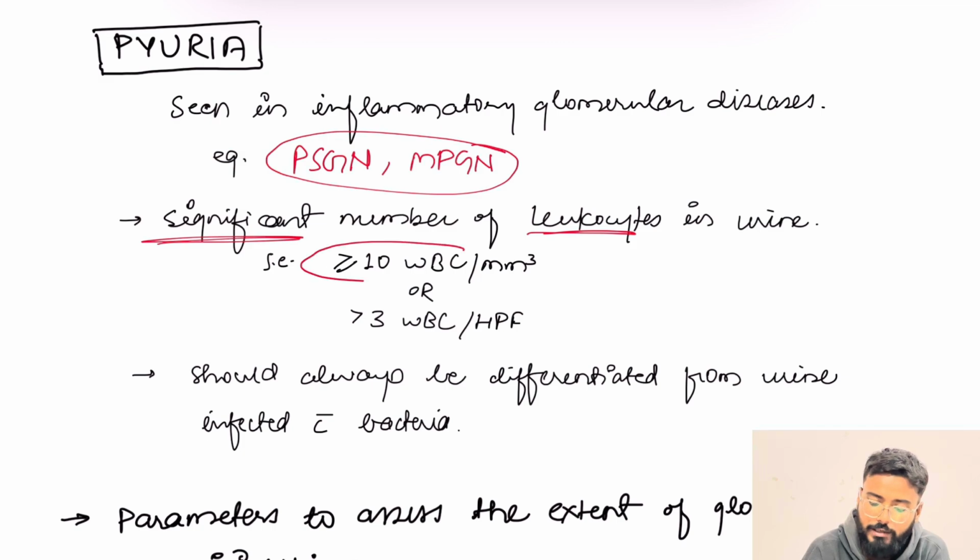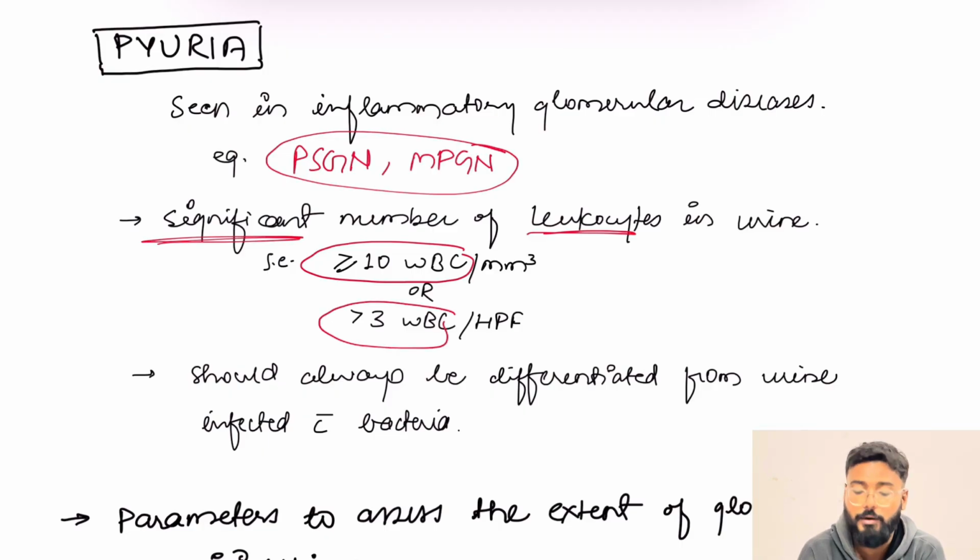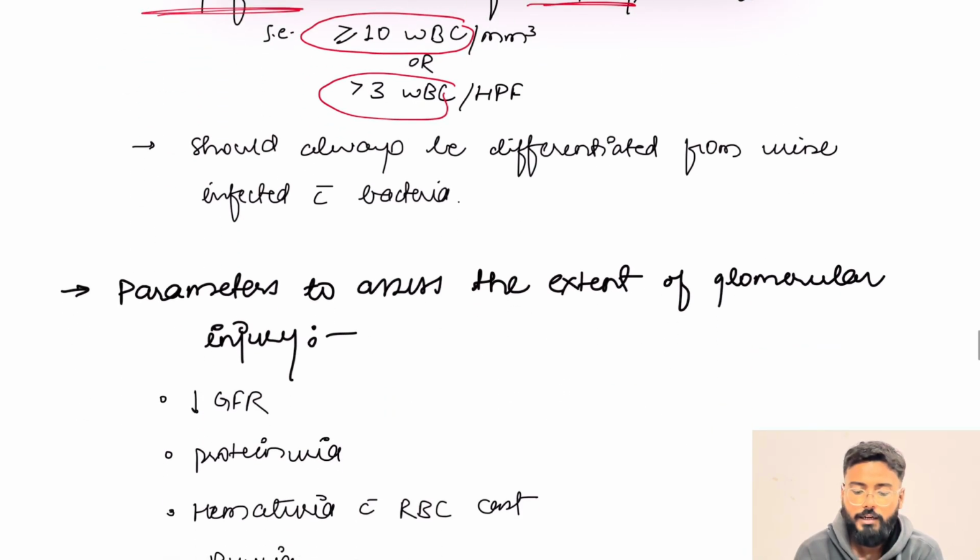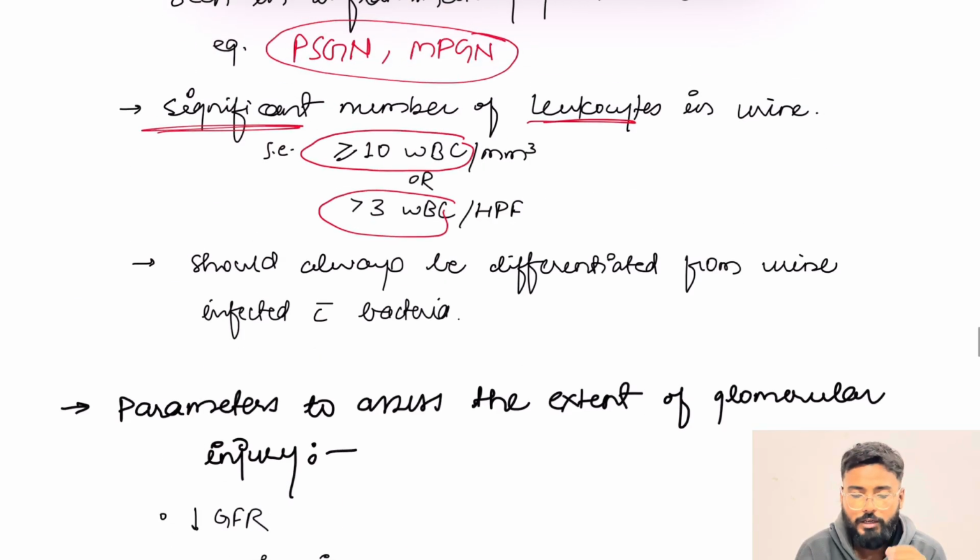That is more than or equal to 10 WBCs per cubic millimeter, or more than 3 WBCs per high power field. Now this should be differentiated from urine that is infected with bacteria. These two are different things. If the urine is infected with bacteria, the pathology could lie in the bladder or in other parts of the urinary tract, not the glomerulus or nephron.